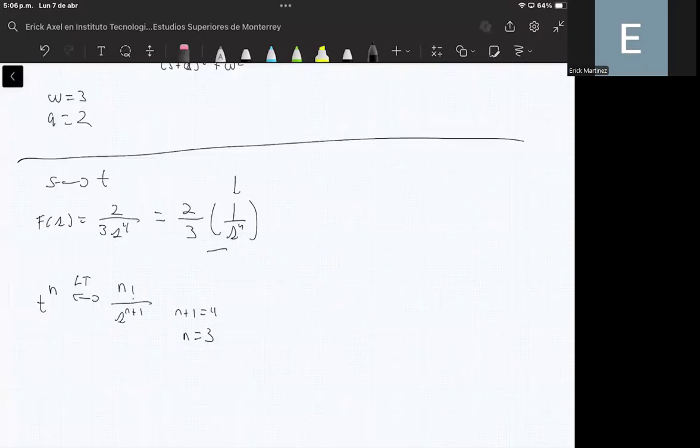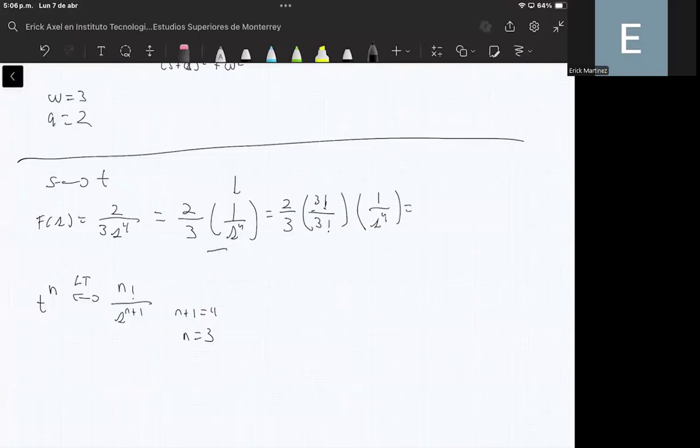What we can do is to multiply the numerator and the denominator of this function by the factorial, that in this case is 3 factorial. So this is equal to 2 divided by 3 times 3 factorial, divided by 3 factorial, times 1 over s elevated to the 4th power.